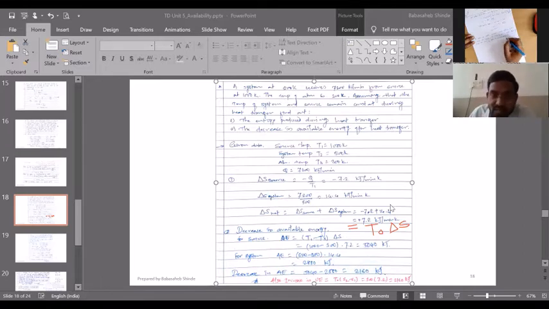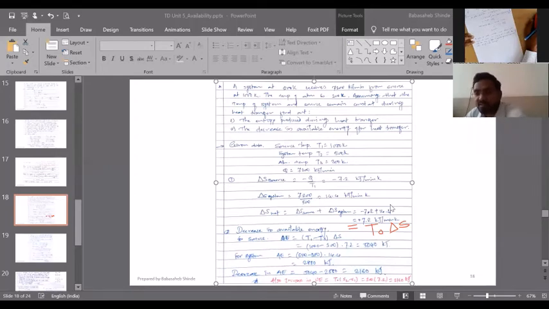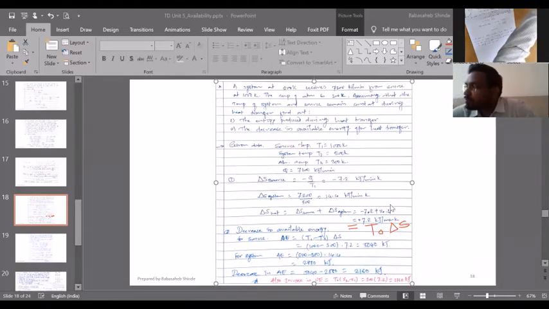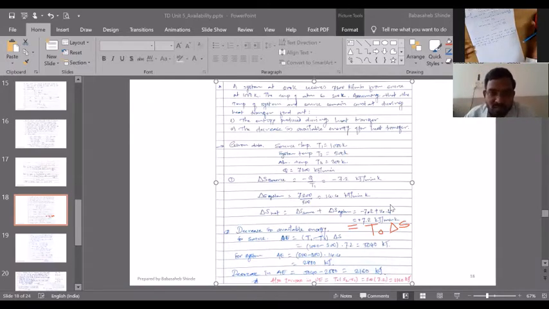Temperature of system and source remain constant during heat transfer.